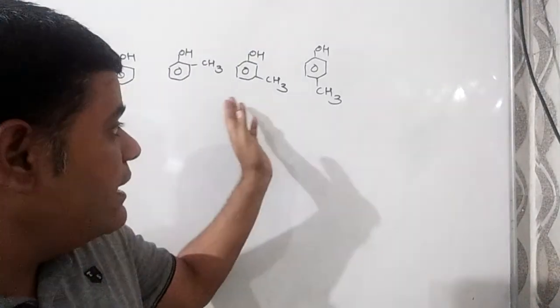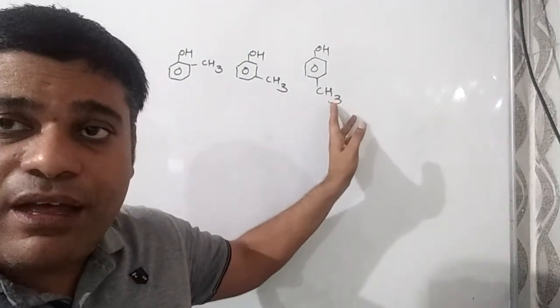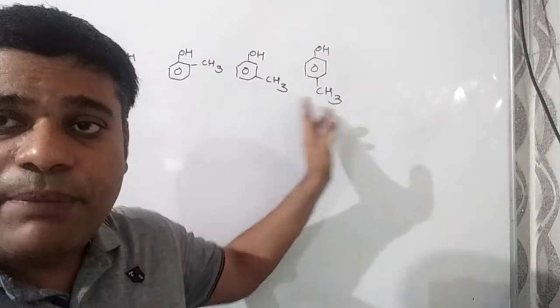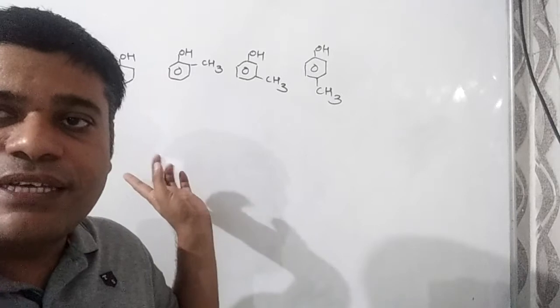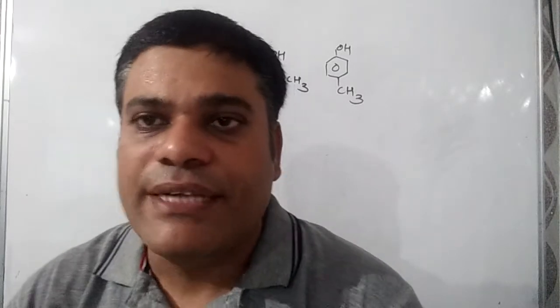So here least acidic will be para-cresol, then ortho-cresol, then meta-cresol, and most acidic in this case will be phenol. I hope you understand these questions. These are very important ones, maybe in your exams.